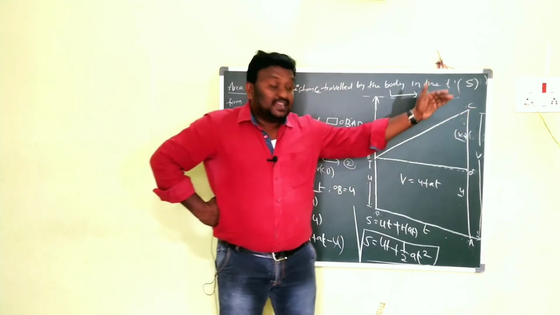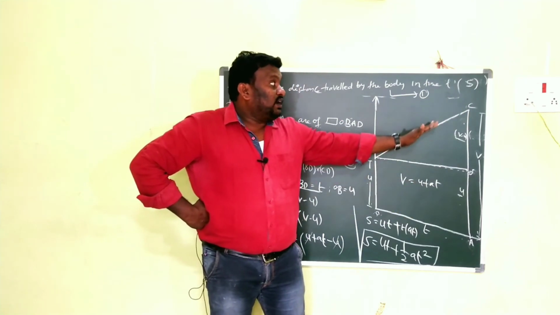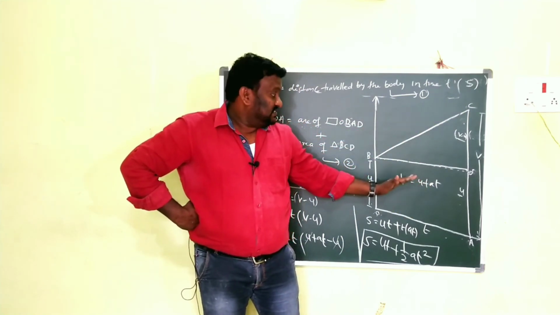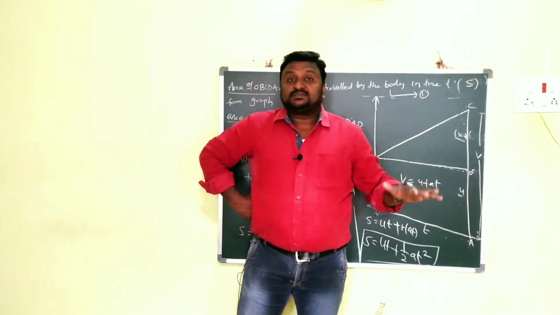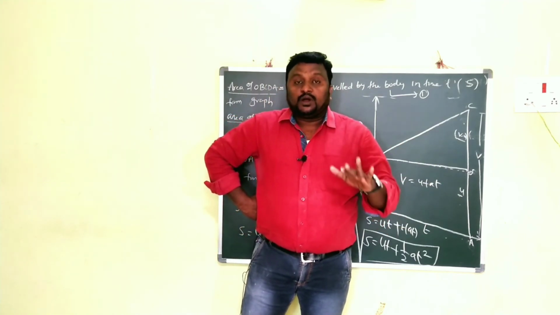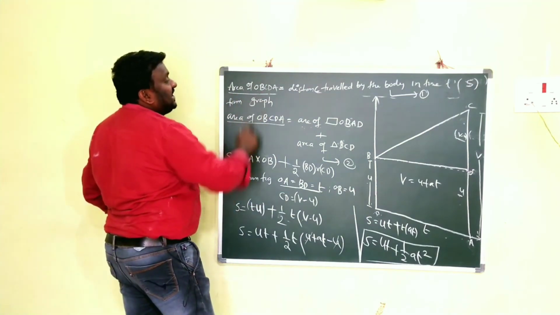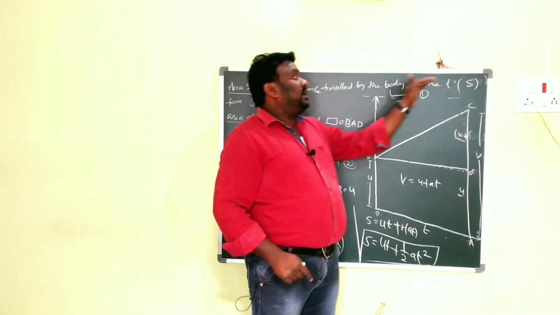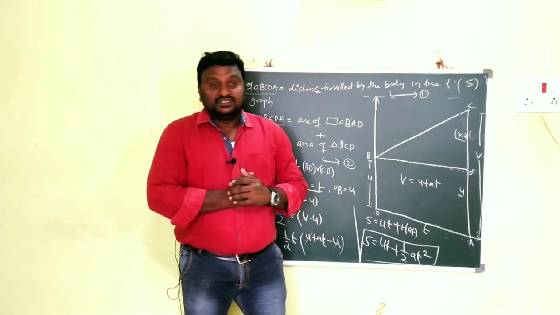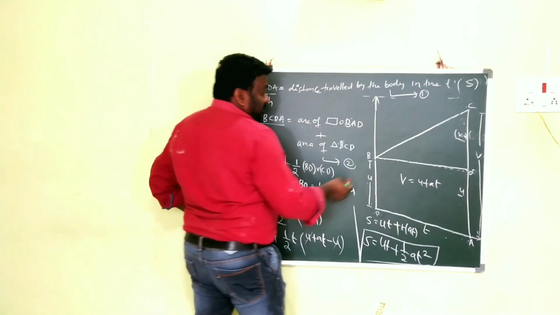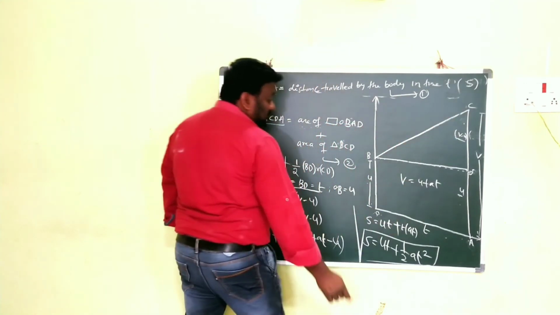The area under the line BC is the total displacement covered by the body. We want to find that. For that we take the assumption that the area of OBCDA is equal to the distance traveled by the body in time t, S.